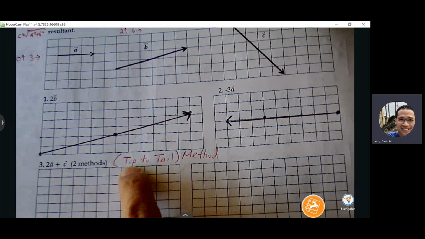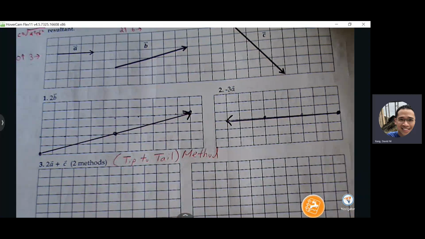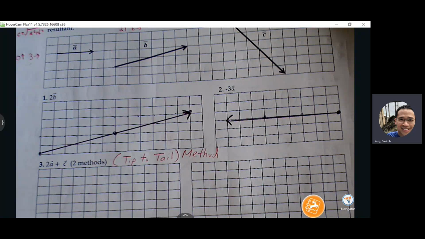So the tip of the first vector connects to the tail of the second vector. We're just going to line them up, and then I'll talk about the resulting vector that's created out of those 2.